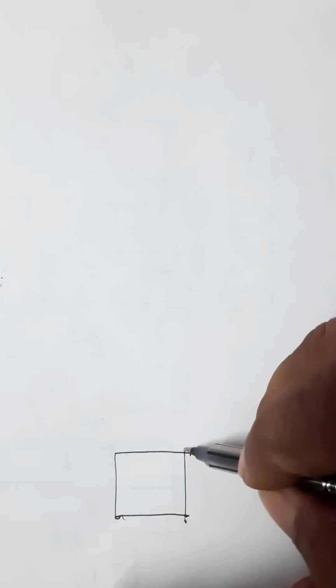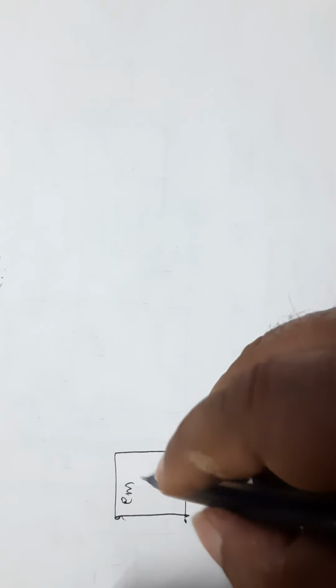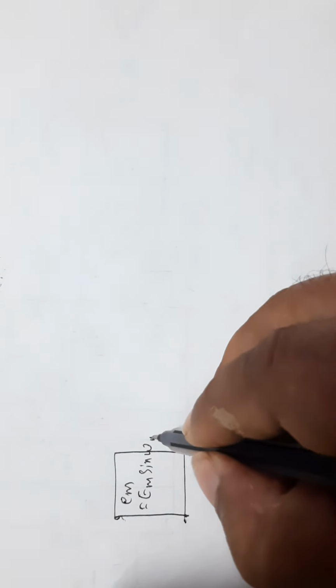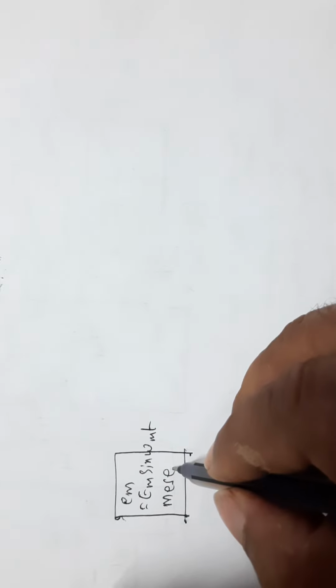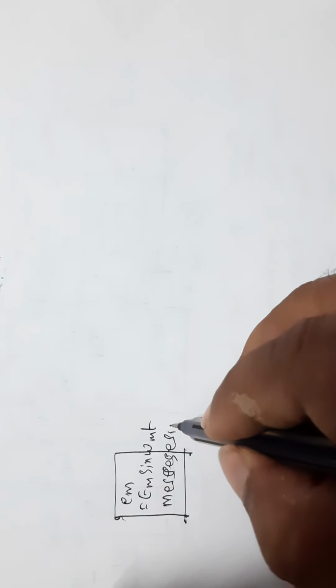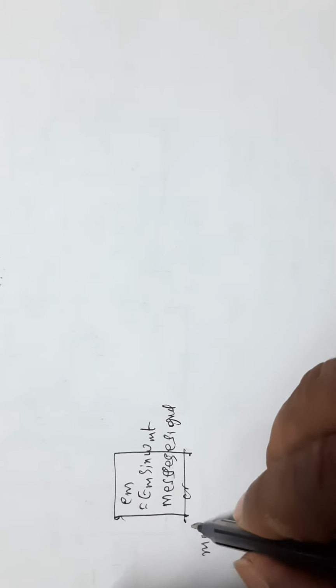In this filter method, first let us consider the modulating signal. The modulating signal Em is represented by Em sin omega mt. This is our message signal. It is also called the modulating signal.